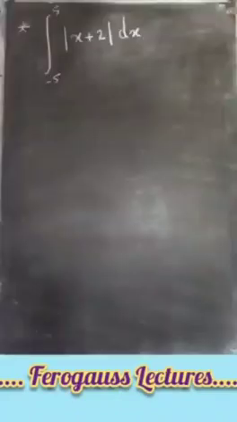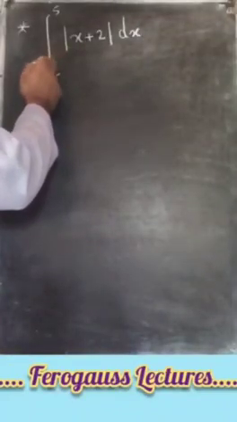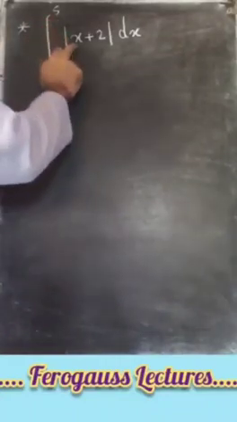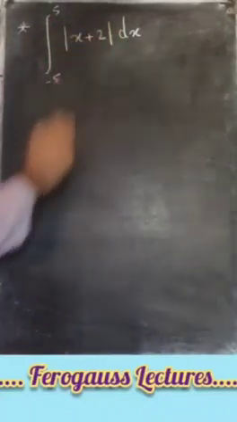Now let us evaluate one more definite integral. Here we have to evaluate this definite integral, that's the integral from minus 5 to plus 5 of mod of x plus 2 dx.